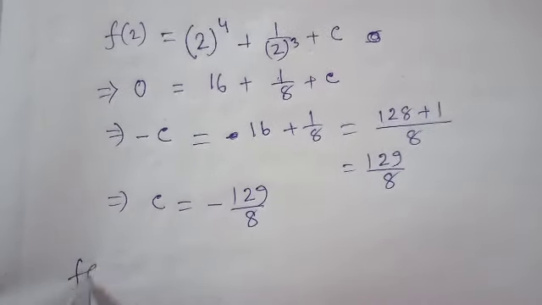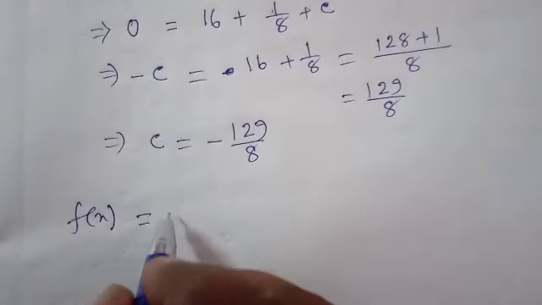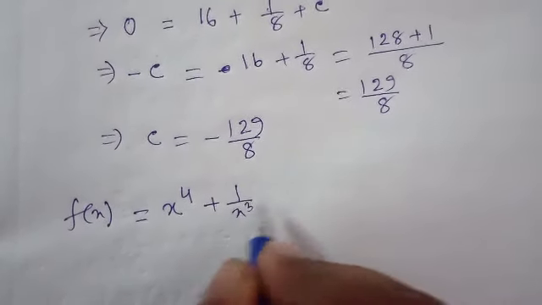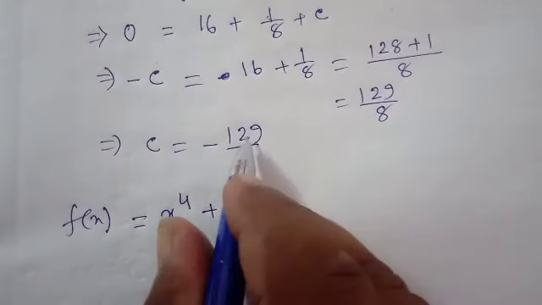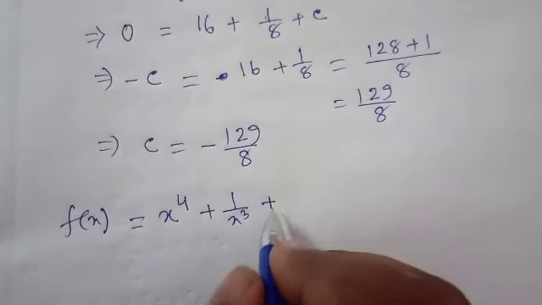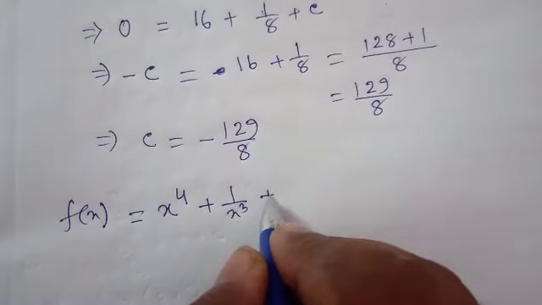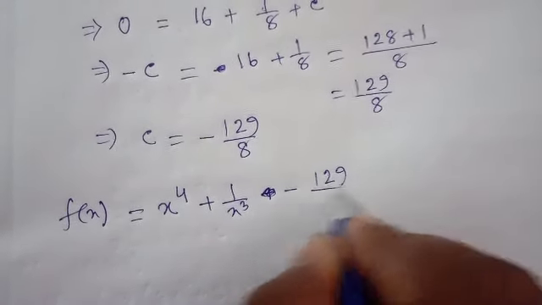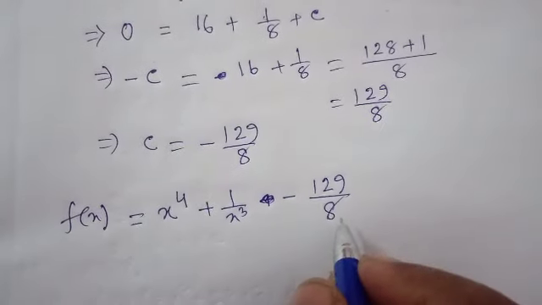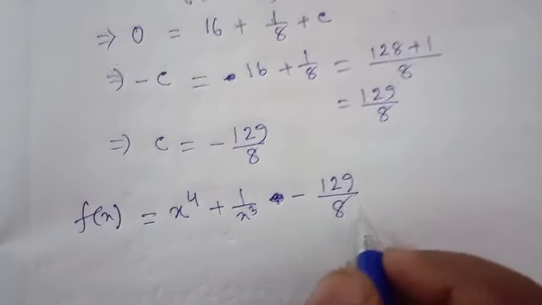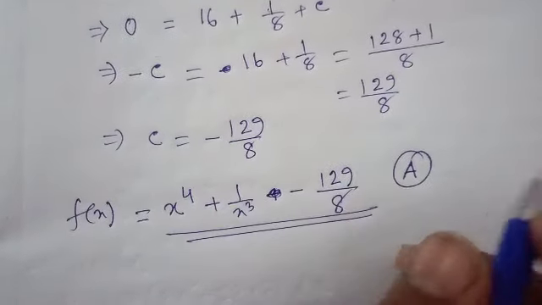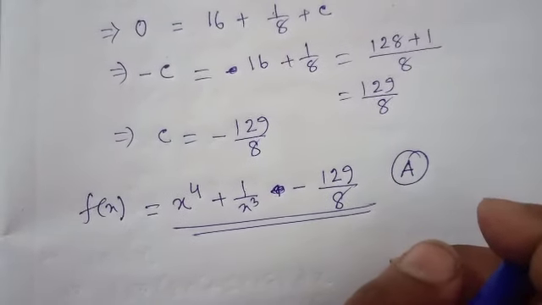So the f of x function equals x to the power 4 plus 1 by x cube plus c. In place of c put minus 129 by 8. So which option is correct? Option A. Here you see the option A is correct for this one.